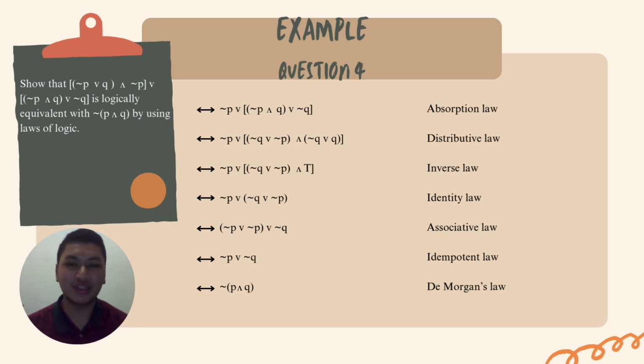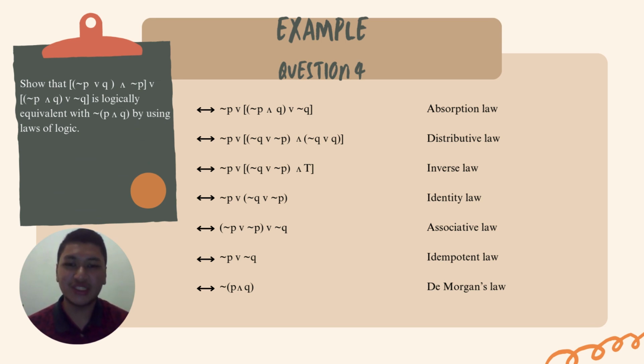All right, then we can proceed with the associative law. For the associative law, we change the bracket place. Supposedly we can use the commutative law first, but it's okay if we already know what to do.